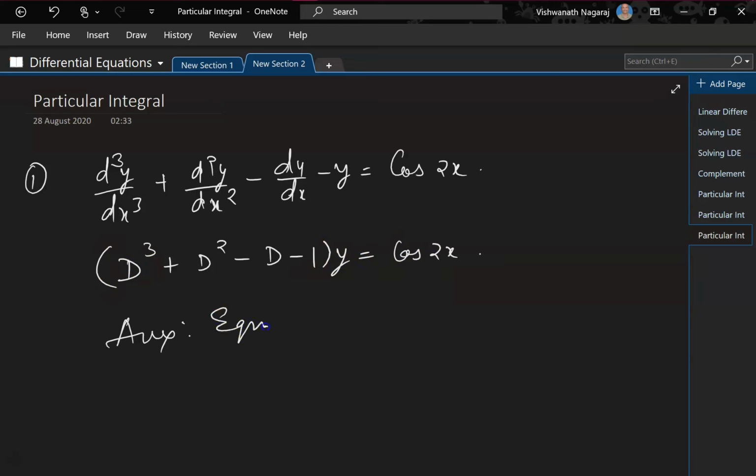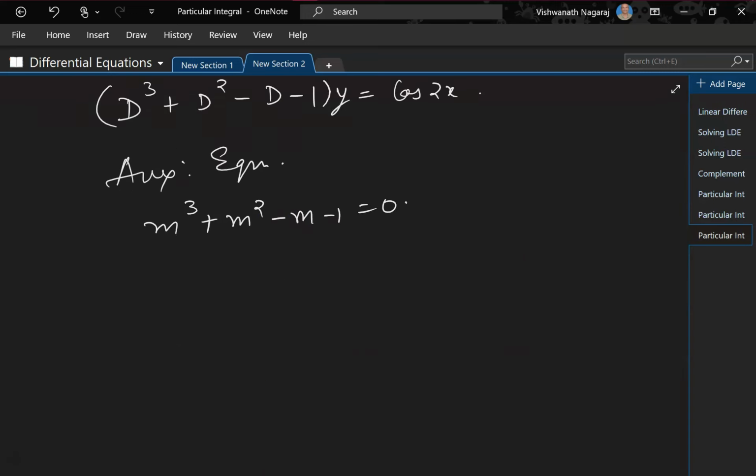The auxiliary equation would look like m³ + m² − m − 1 = 0. Let's factorize this.